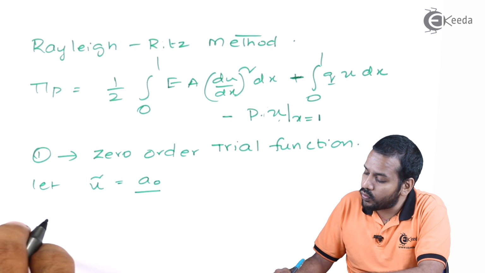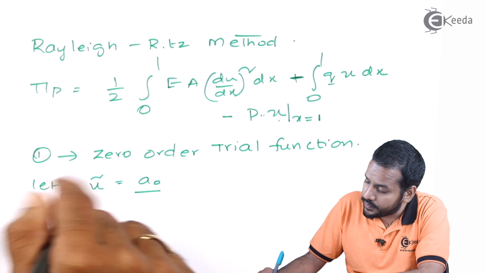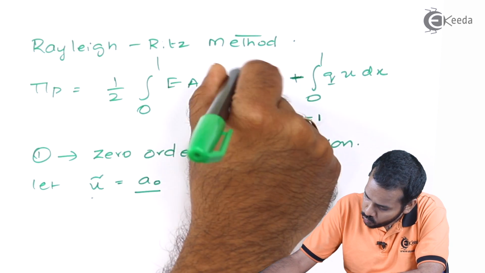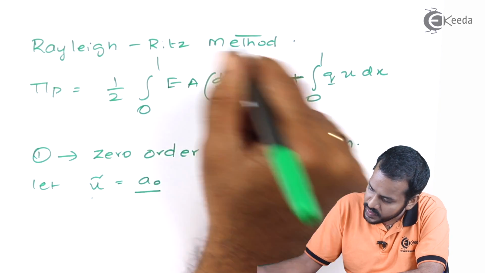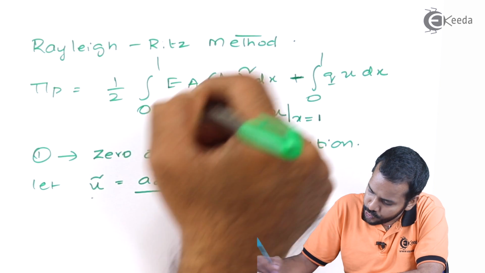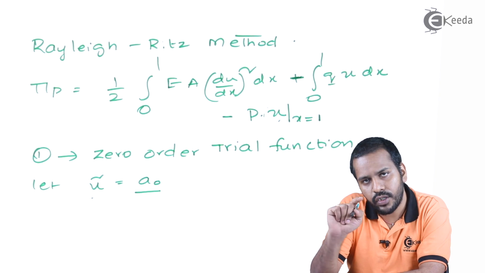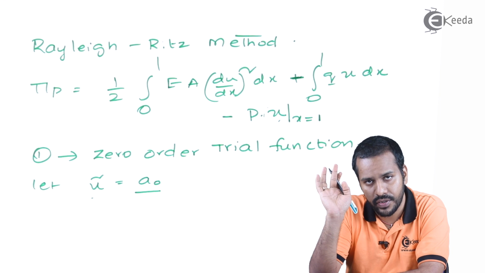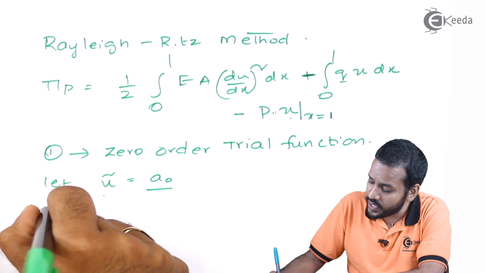So if u tilde equal to a naught, then if you differentiate this, meaning we are having a du by dx term here, if you observe so before that, before substituting this one here, whatever the trial function you assume, what it has to do, it has to satisfy your essential boundary conditions. That is, what are the essential boundary conditions here?